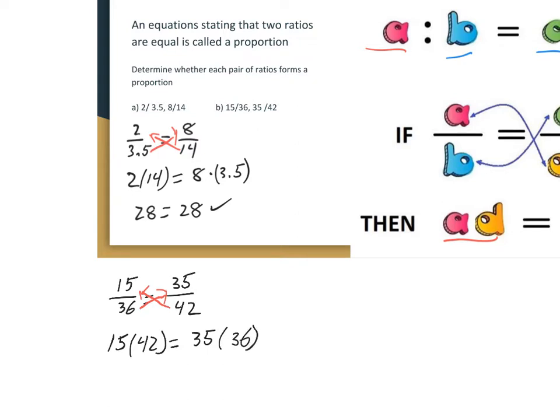Now 15 times 42 is 630. And 35 times 36 is 1260. So this is not a proportion because the two ratios do not equal each other.